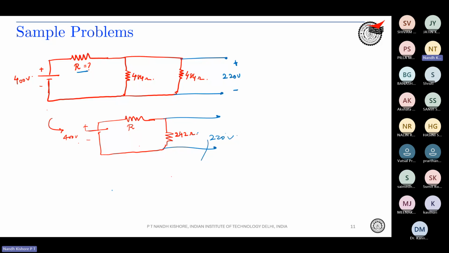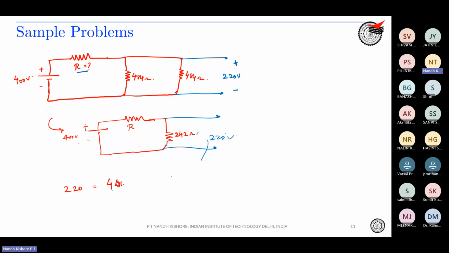Now this is very simple. Since this is just a potential divider, 220 is equal to 400 into 242 divided by 242 plus R. This is just a potential divider circuit.